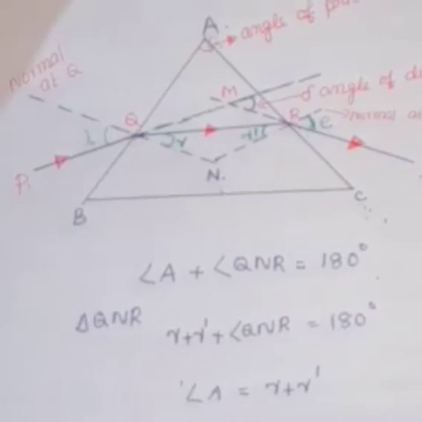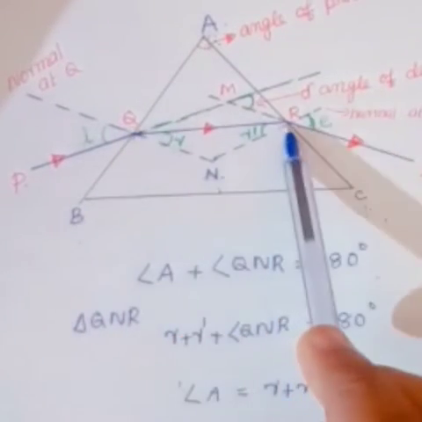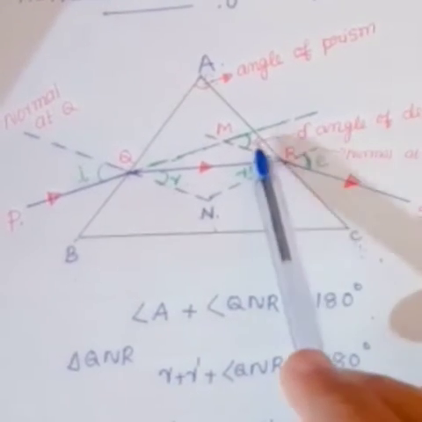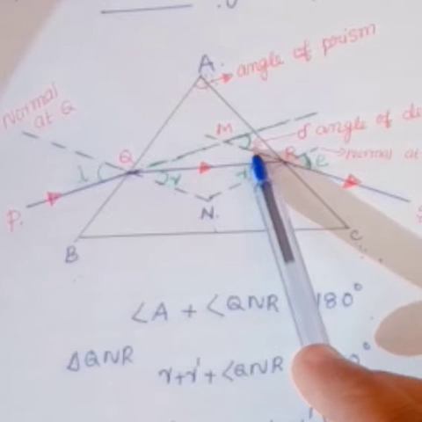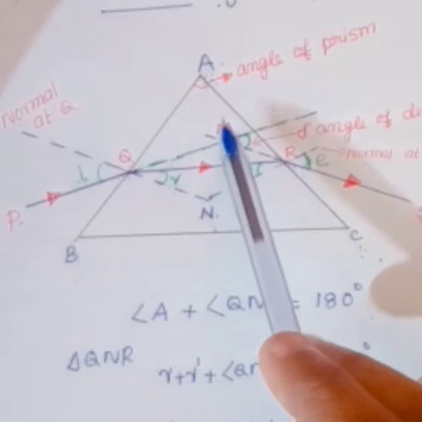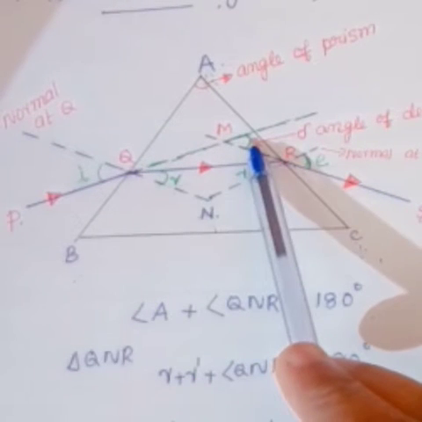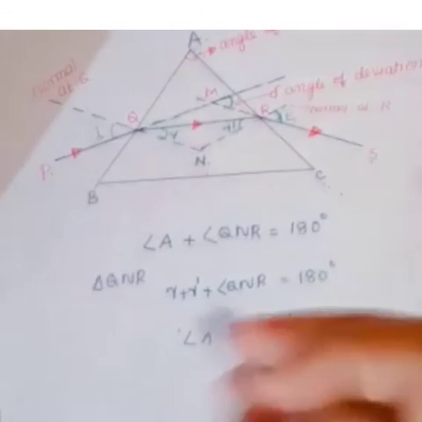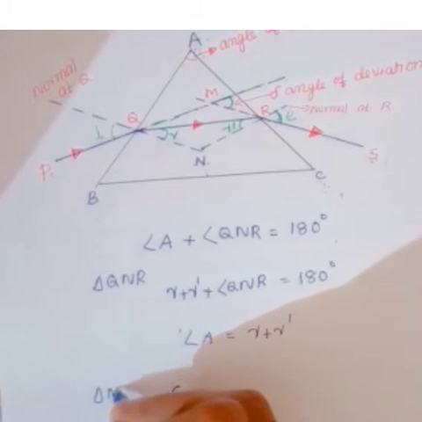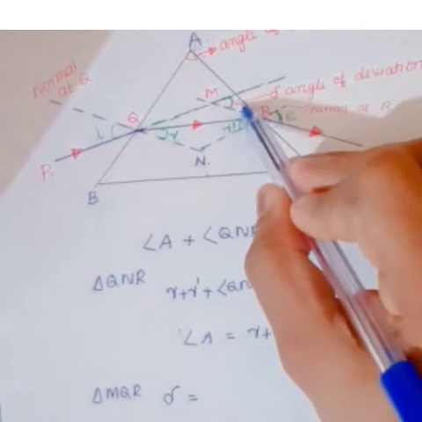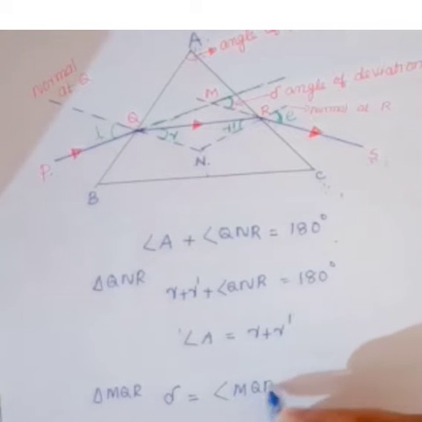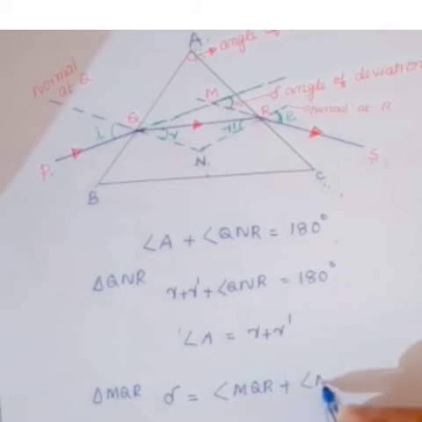Now from the triangle MQR, this is the angle of deviation. This angle is the exterior angle when we consider the triangle MQR. So the exterior angle delta is equal to angle MQR plus angle MRQ.